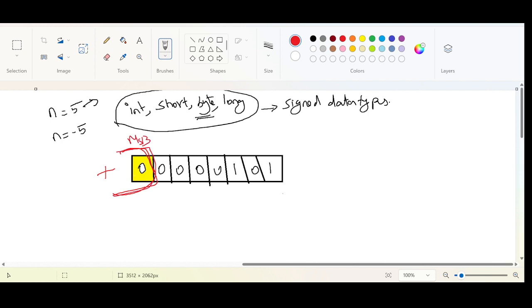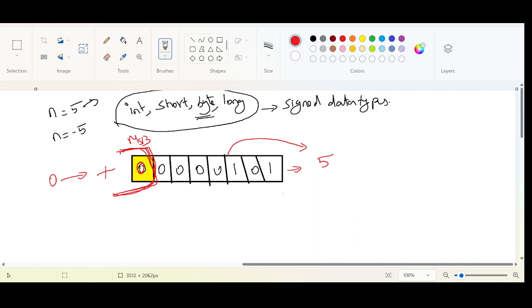When the MSB is 0, it is a positive number. When you find 1, it is a negative number. So by seeing this, if you convert it to decimal, the value is going to be 5.